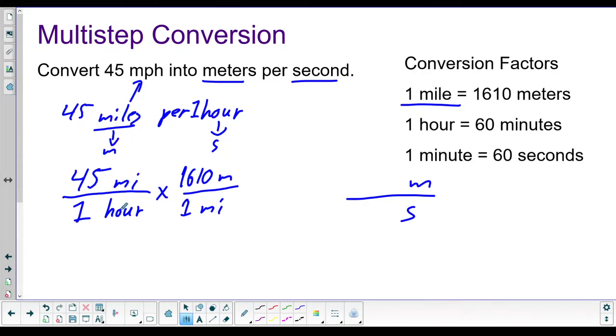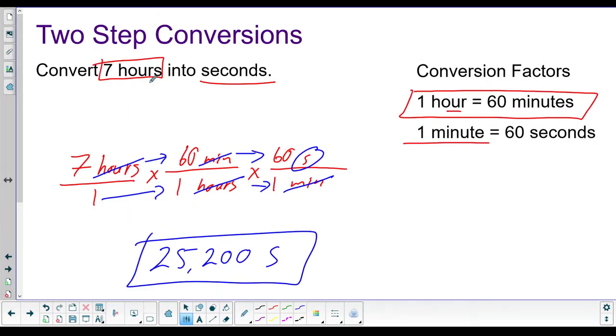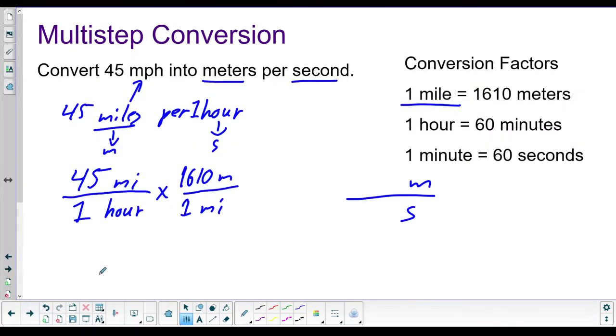Now we need to deal with our hours to seconds. So let's do that in red just so we can tell the difference. So here we have our hours on the bottom, and you're thinking, well, we just did hours to seconds here. It's just times 60 times 60. But this is why we're setting up the fractions very carefully and not just multiplying blindly. Because our hours is on the bottom, we need an hours on top to cancel it out.